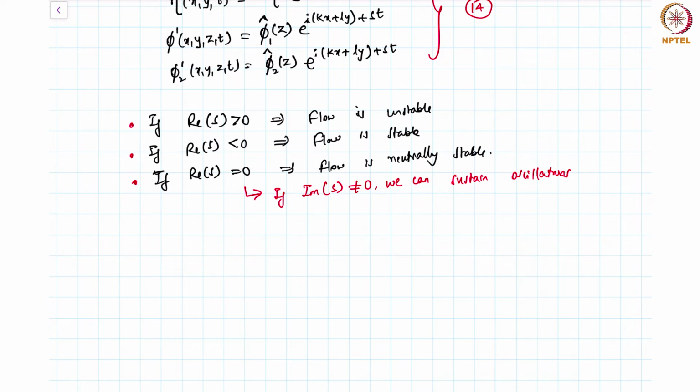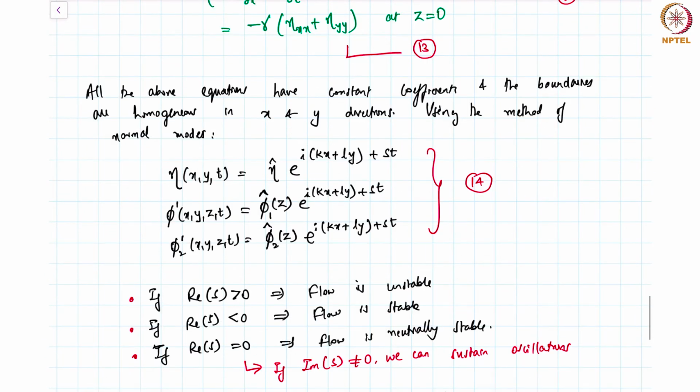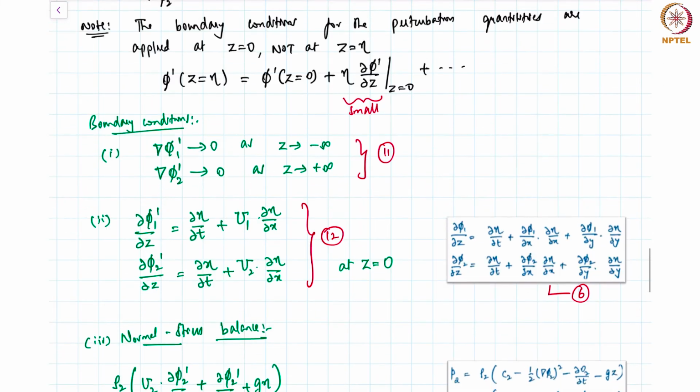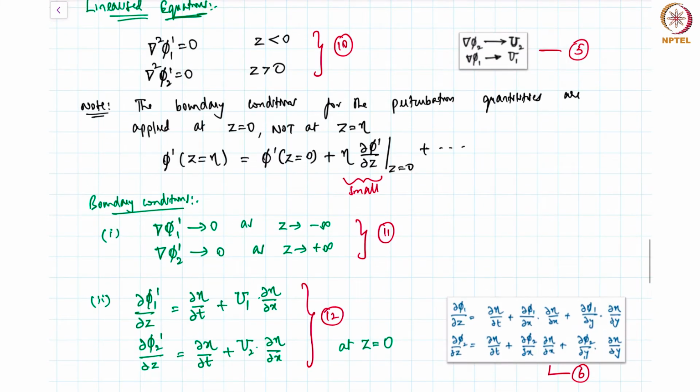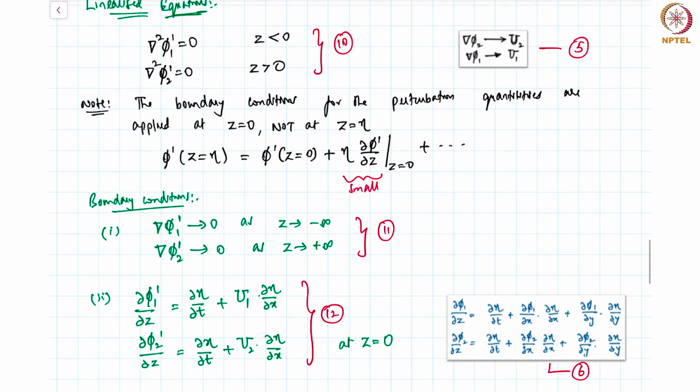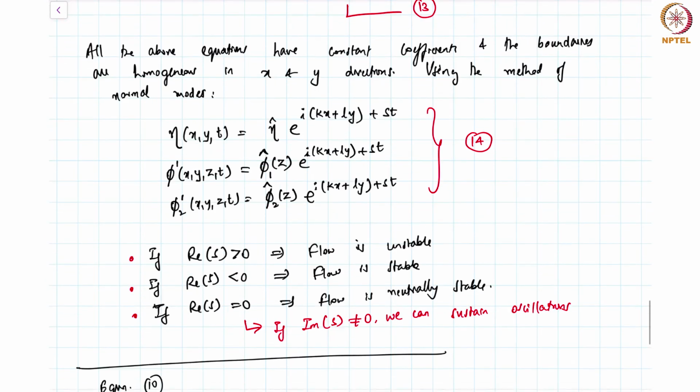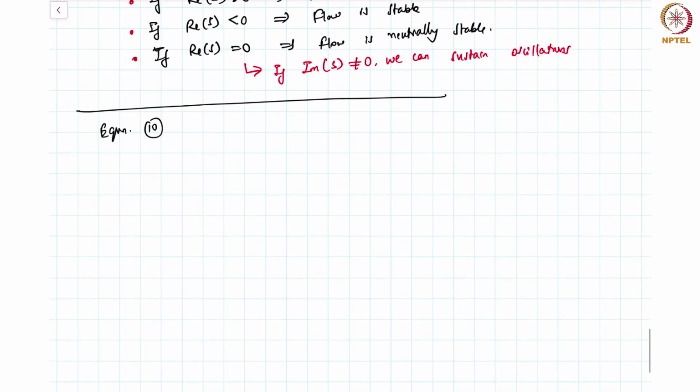Now, let's look at substituting the linear stability analysis in this. For example, equation 10. What is equation 10 for us? That's the Laplace equation. Equation 10 gives us del square of phi 1 prime is 0.